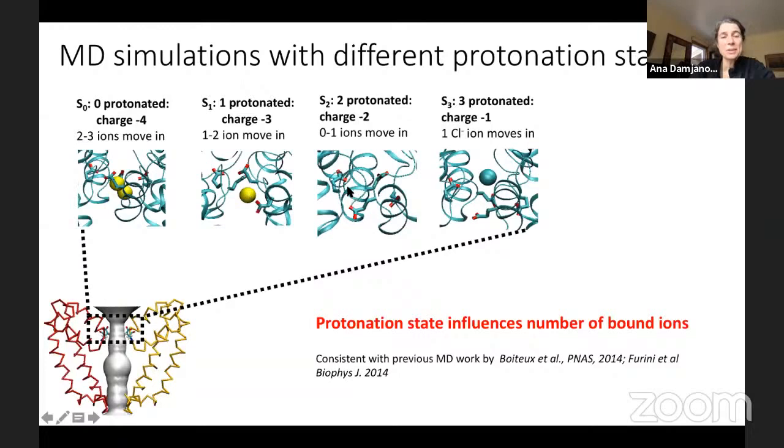For S2 state, it's mostly 0 or sometimes 1. And for S3, we even observed a chloride ion moving in. So obviously the protonation state influences the number of bound ions. Our work is consistent with the previous MD work that investigated this.